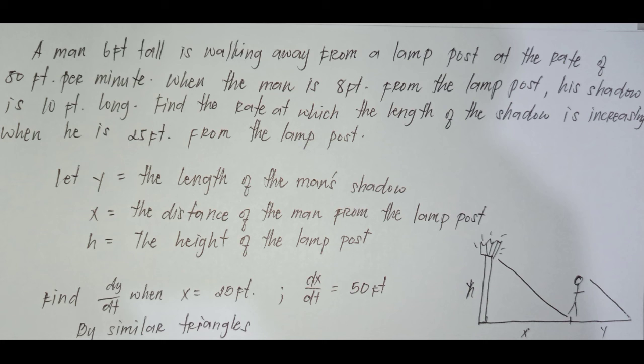Now we let y be equal to the length of the man's shadow, x equal the distance of the man from the lamppost, and h equal to the height of the lamppost. We need to find dy over dt when x is equal to 25 feet and dx over dt is equal to 50 feet.